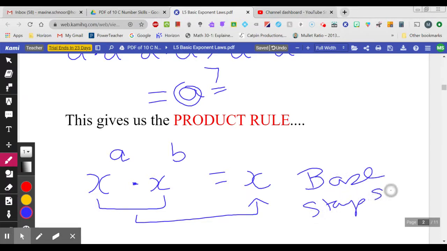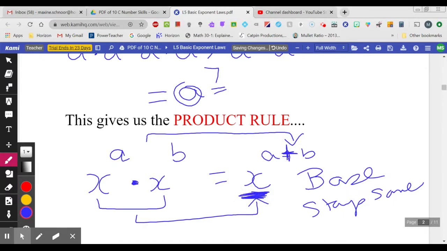The base stays the same. What changes is the exponent, and in this case it becomes a plus b. So your eyes are going to see a multiply sign, but your brain needs to add. On top of that, your brain needs to remember to keep the base the same.